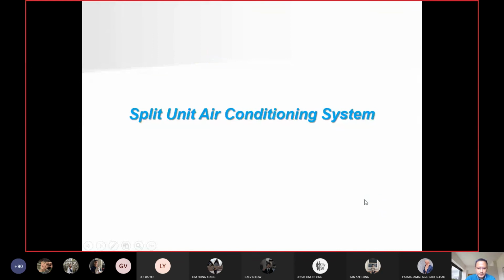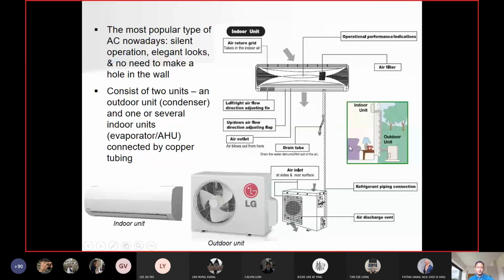The next one is the split unit air conditioning system. This is one of the most common ones, especially for a small space, for a house or a small building. There are some reasons for using it: the silent operation, elegant looks, and it's quite economical.